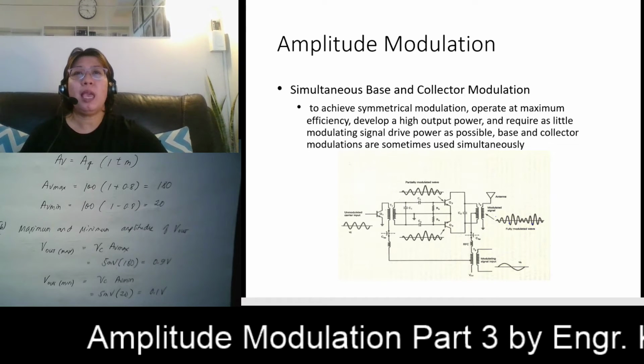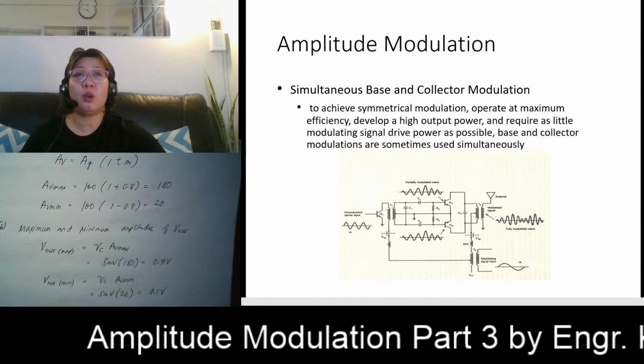So the AM modulator uses a combination of both base and collector modulation. Your modulating signal is simultaneously fed into the collectors of our push-pull modulators, which are your Q2 and your Q3, and to the collector of our driver amplifier, which is our Q1. So your collector modulation occurs in Q1 already.